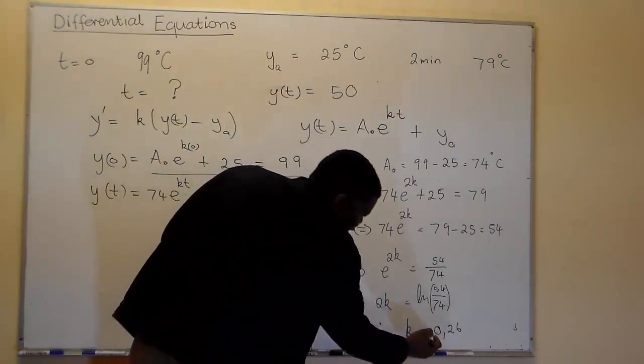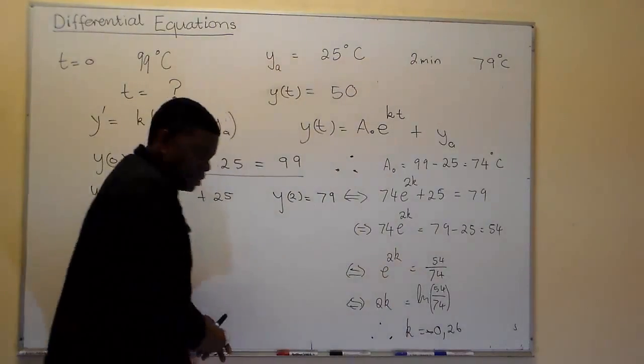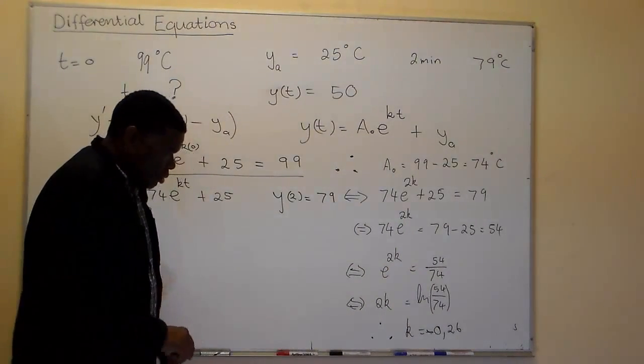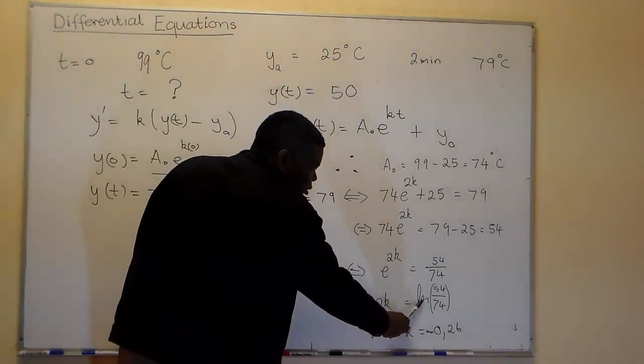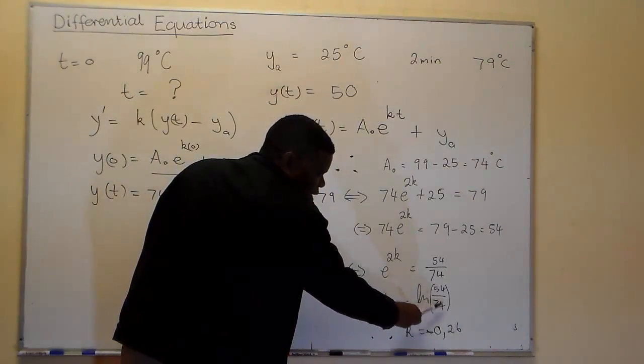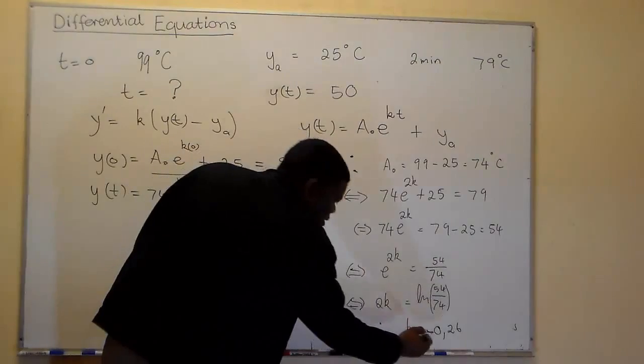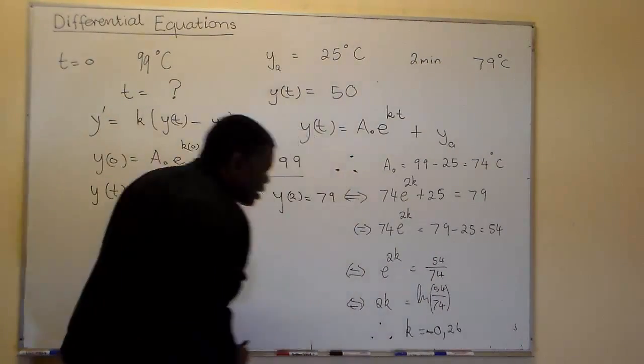We expect it to be negative because this substance is cooling down, and clearly ln of this number, which is less than 1, must be negative, so divided by 2 is still negative.